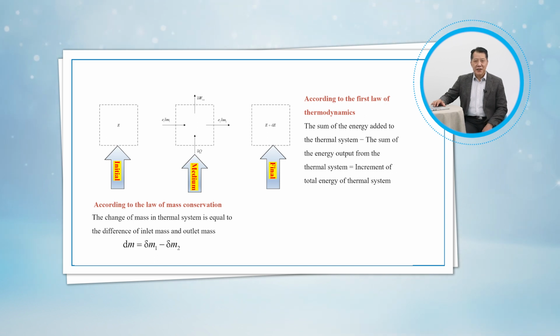The net change in the total energy of the system during a process is equal to the difference between the total energy entering and the total energy leaving the system during that process, or the sum of the energy added to the thermal system minus the sum of the energy output from the thermal system equals the increment of total energy of thermal system.